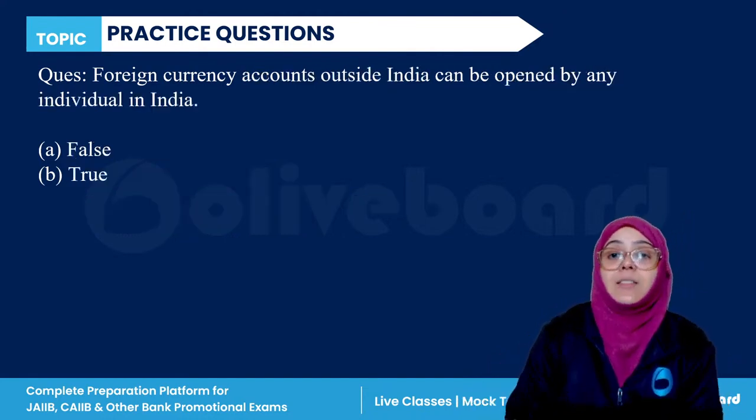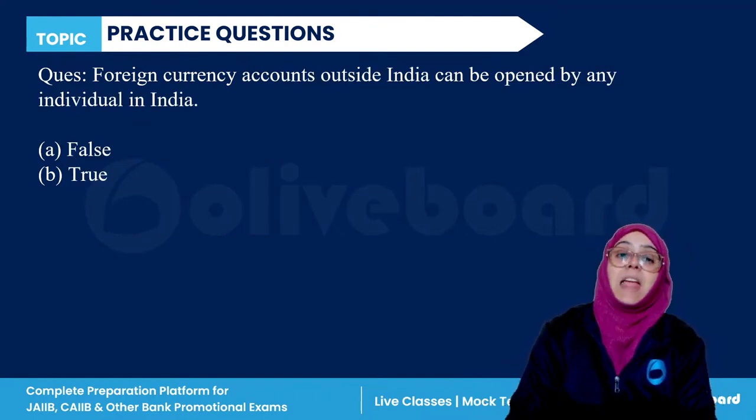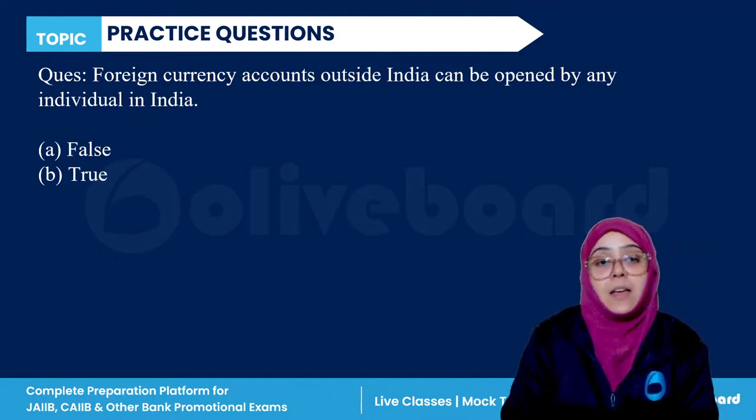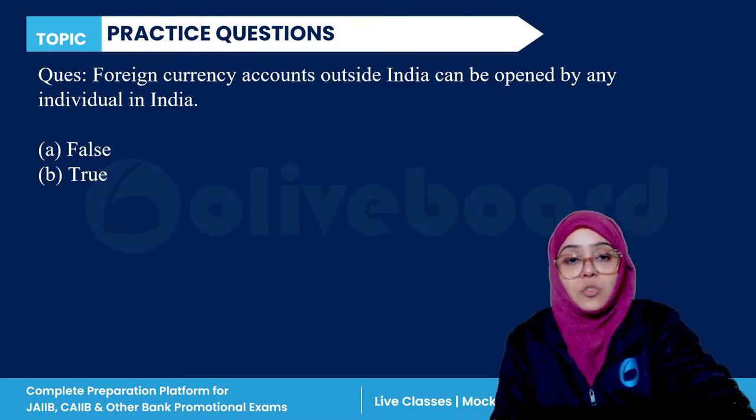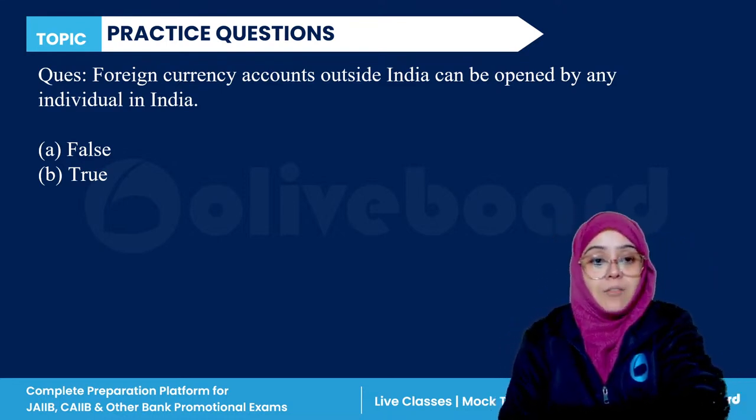Foreign currency account outside India can be opened by any individual in India. Is this statement true or false? Everyone, please answer this question.